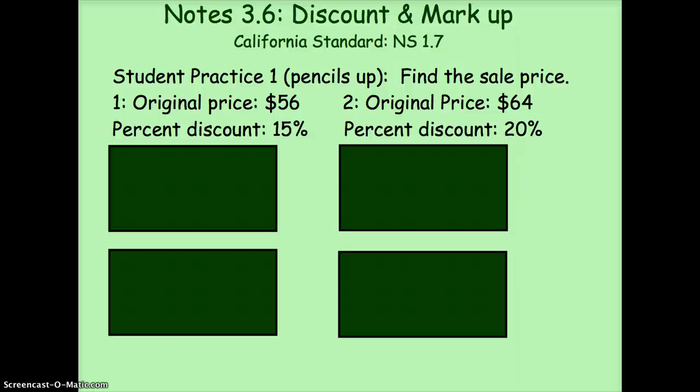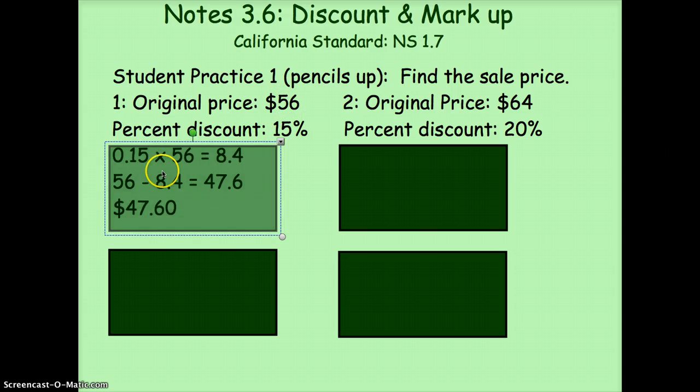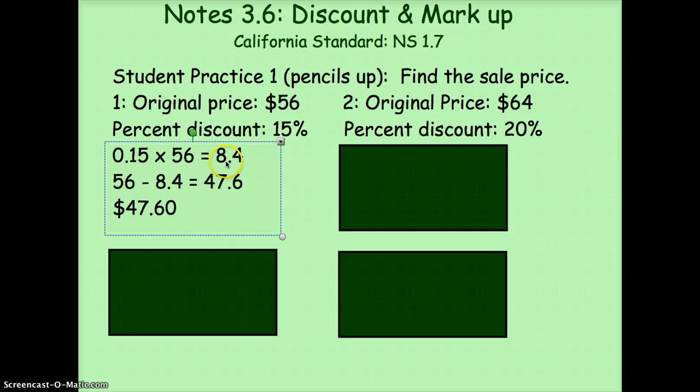Okay, welcome back. Let's go ahead. First method is just that traditional method. Finding 15% of $56 is 8.4. Then I need to subtract, and I get 47.6. And of course I need to turn it into money, which means I need 2 digits after the decimal, $47.60.